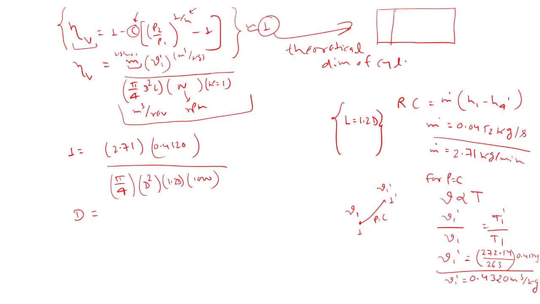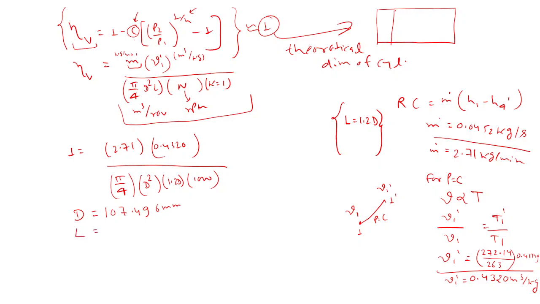Quickly tell. 0.107 meters. In mm it is 107.53, right?